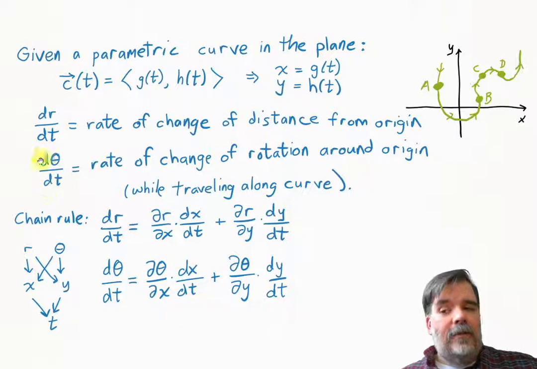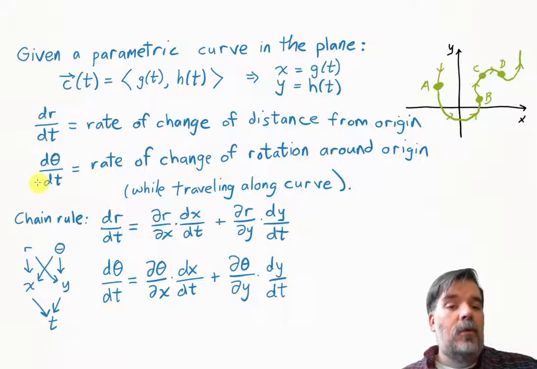d theta dt corresponds to the rate of change of rotation around the origin. So while you're traveling around this curve, maybe you're rotating around the origin, or maybe you're not. So for example, at this point B, the curve is going around the origin counterclockwise here.